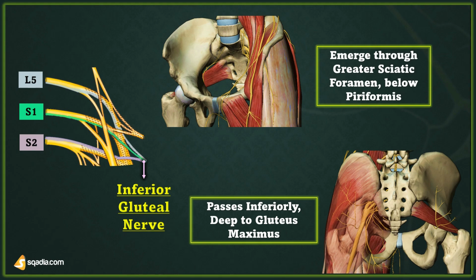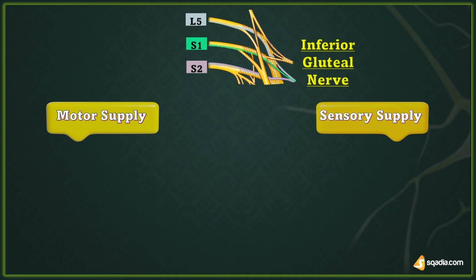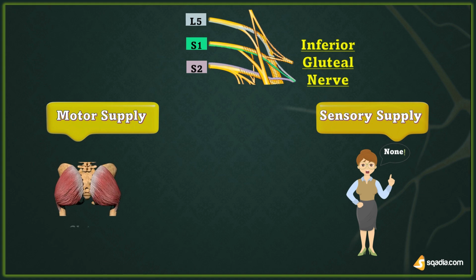The gluteus maximus is responsible for various actions, including hip extension, hip external rotation, and assistance in maintaining an upright posture. Just like the superior gluteal nerve, the inferior gluteal nerve does not have a sensory function. Although it does have an important motor function, as it innervates the gluteus maximus muscle.